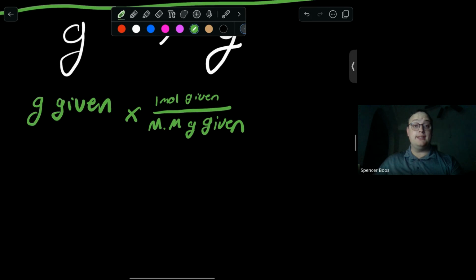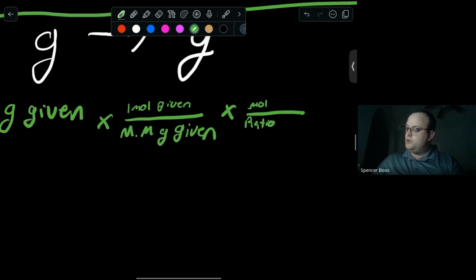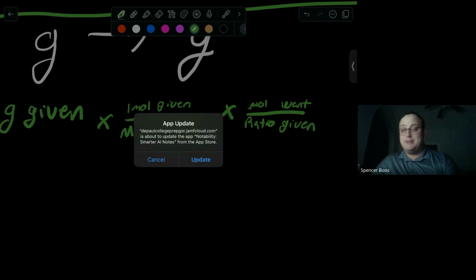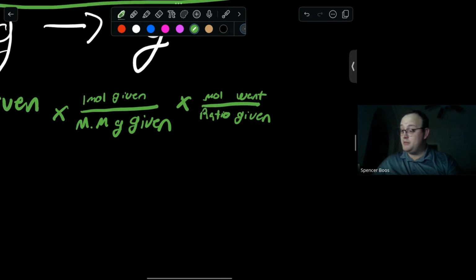Again, canceling them out. Next, we need to do, you guessed it, the mole ratio of your want over your given. Again, we calculate mole ratio from a balanced chemical equation.